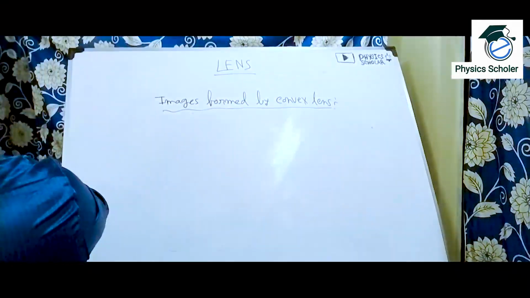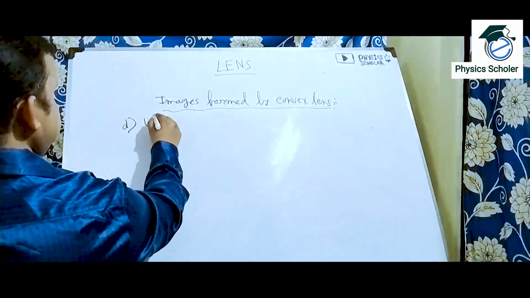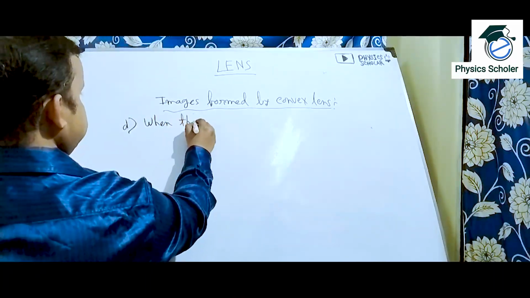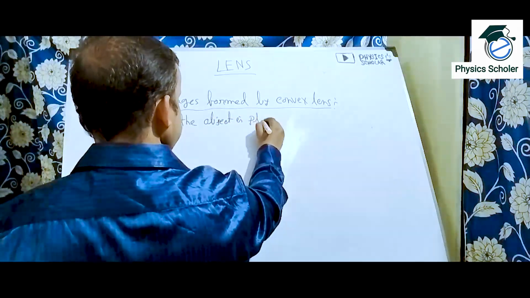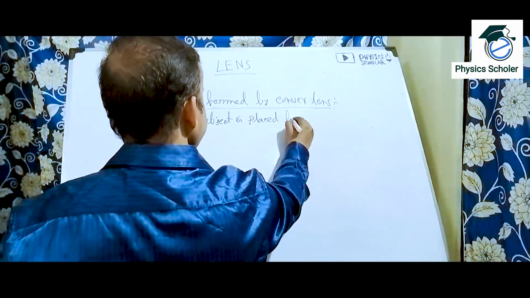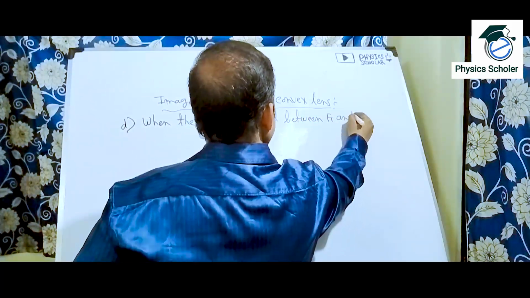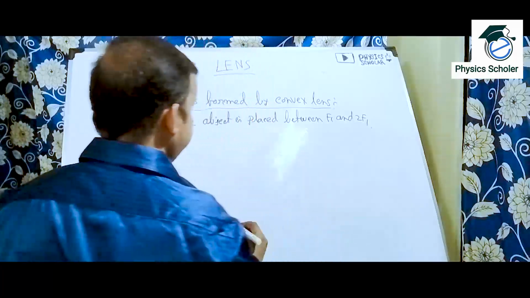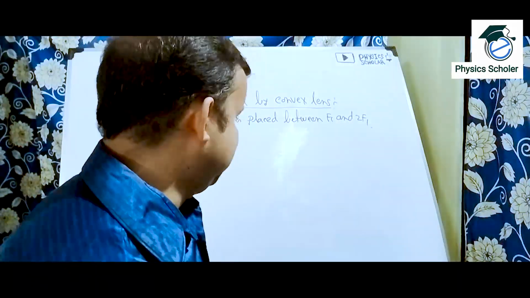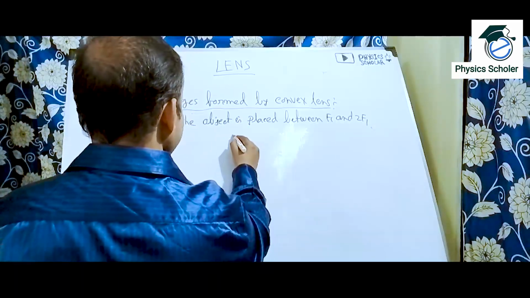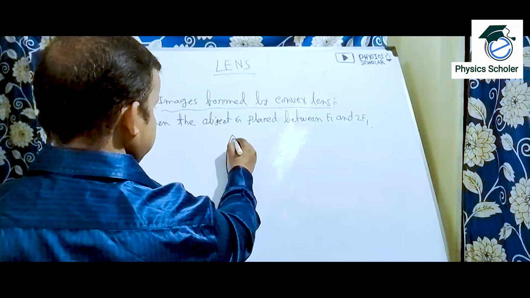Now let us move to the next point. Condition number 4: when the object is placed between f1 and 2f1. That means we are shifting the object more toward the lens. Now, what type of lens is this? Convex lens.